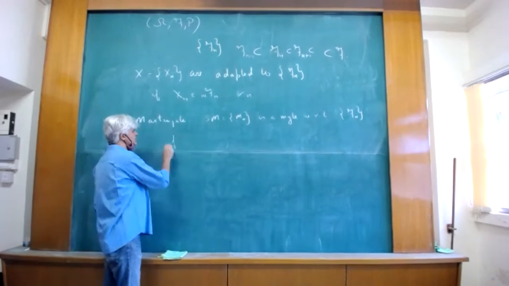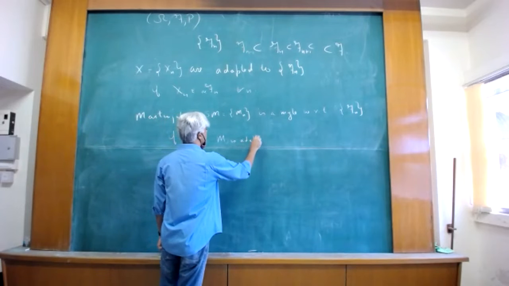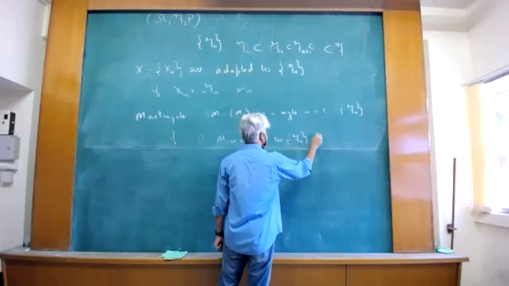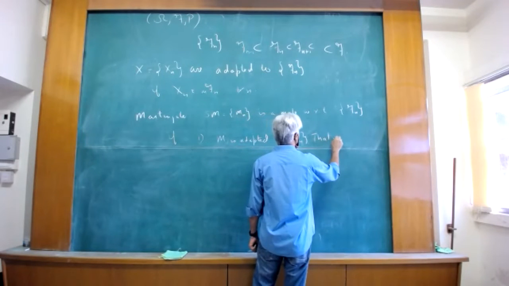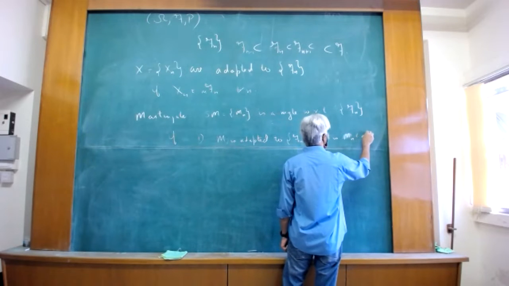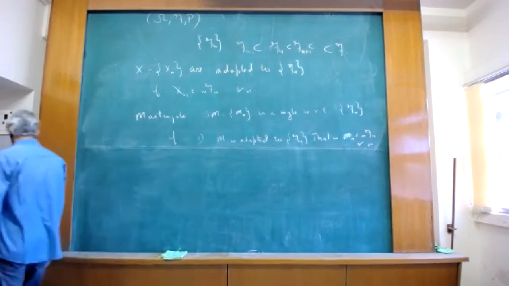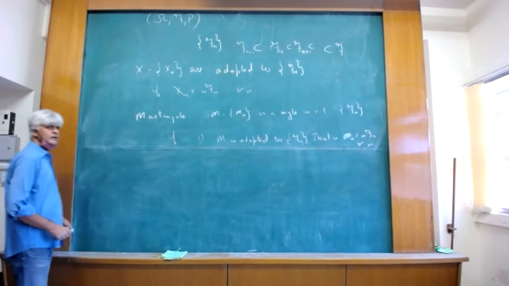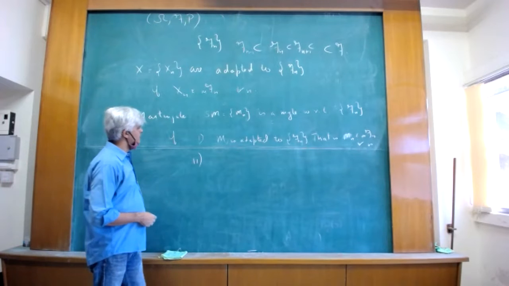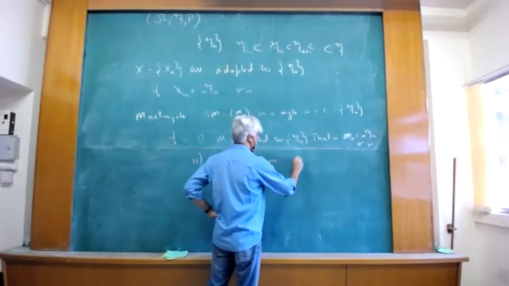If M is adapted to Fn, that is, Mn is measurable with respect to Fn for all n, and expected value of |Mn| is less than infinity for all n.